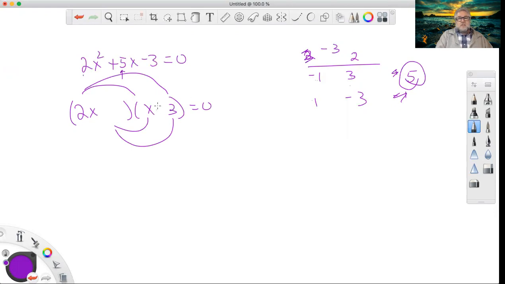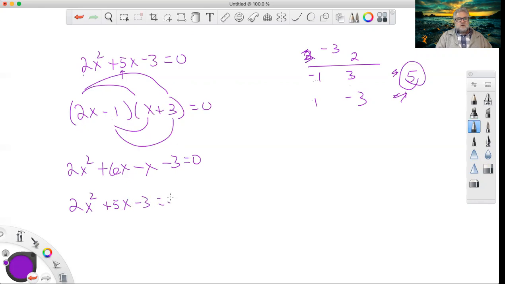And this is going to be a positive 3, because that's what I used here, and this will be a negative 1. So if I check it, 2x squared plus 6x minus x minus 3 gives 2x squared plus 5x minus 3.